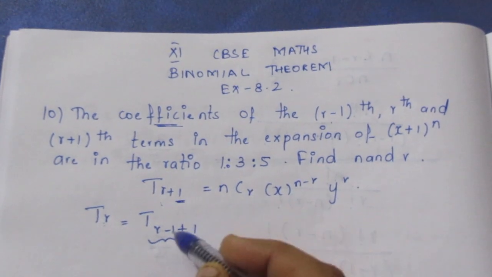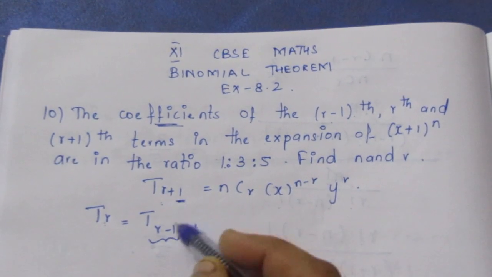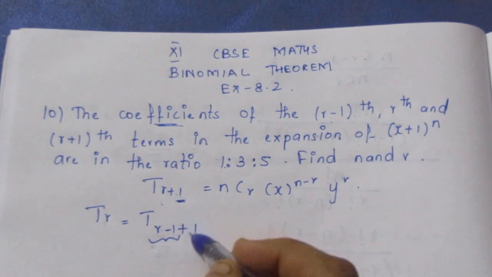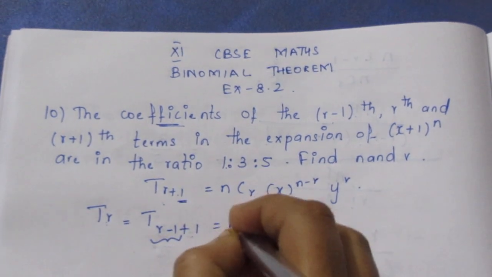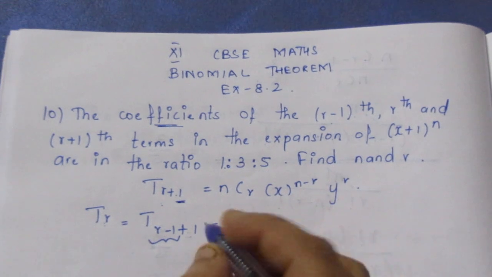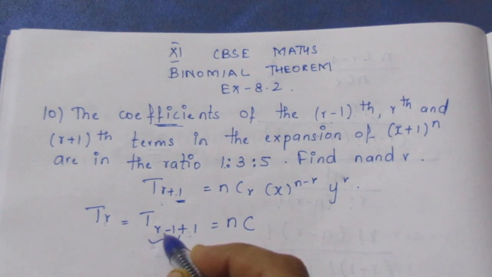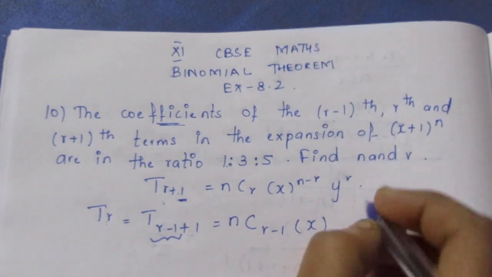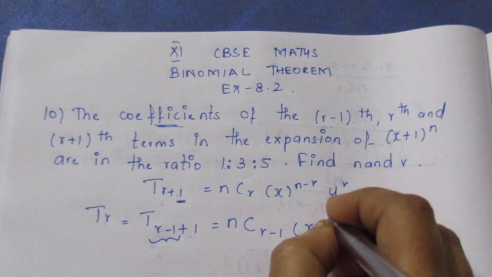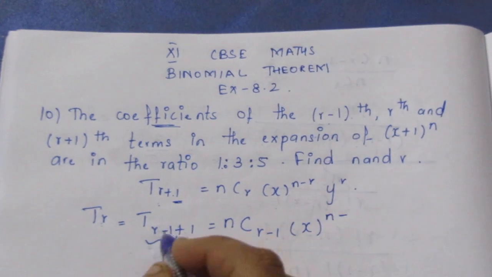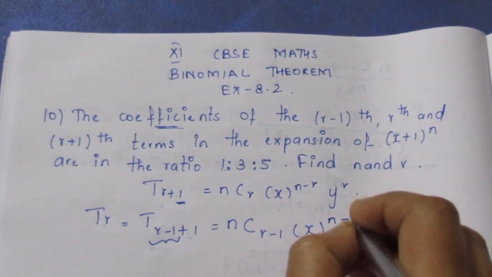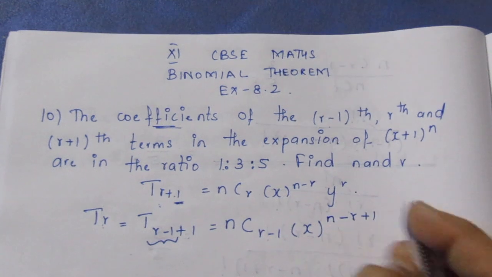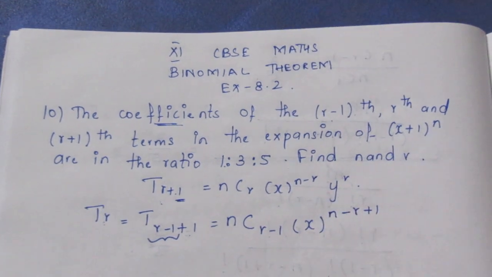Wherever you see r, we need to substitute r minus 1, because this plus 1 is there in the formula itself. Now nCr here is nC(r-1) and x power n minus, in the place of r we have r minus of minus 1, which becomes plus 1. As y here is 1, we can leave this.